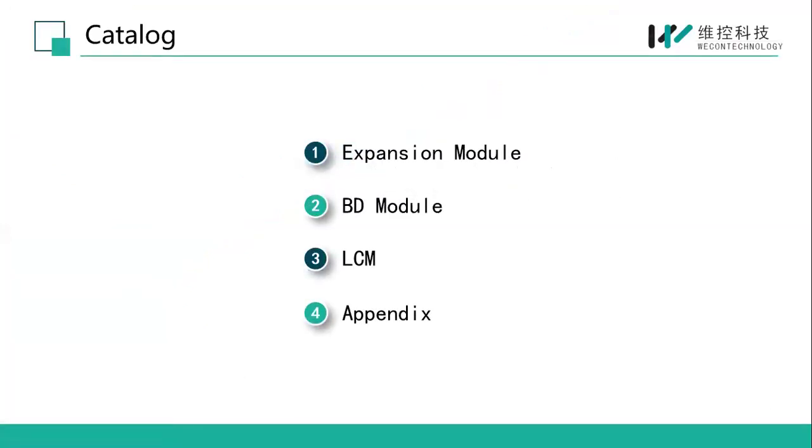Today I will introduce three types of modules. The first is the expansion module, and the second is the DB module, which is much smaller. And the third is the LCM module, which uses the Modbus TCP protocol. So you can use this module for other PLCs.